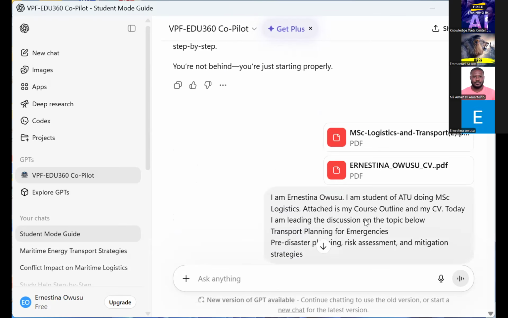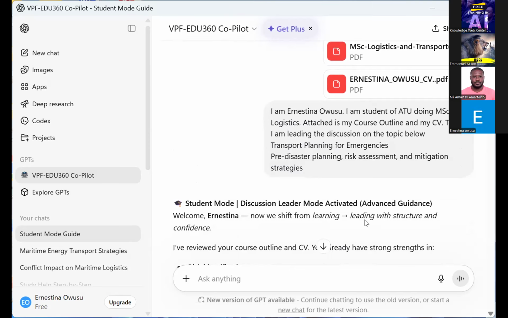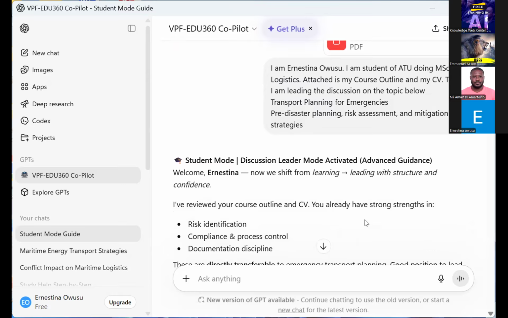Okay, so I added my CV and the course outline, and I inputted what you asked us to do, which is: I am Esti Nowusu, a student of ATU doing MS Logistics. Attached is my course outline and my CV. Today, I'm leading the discussion on the topic below: transport planning for emergency, pre-disaster planning, risk assessment, and mitigation strategies.